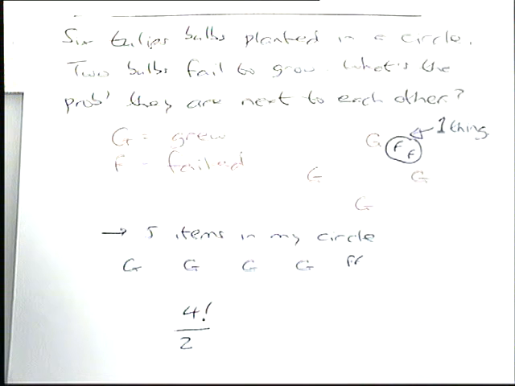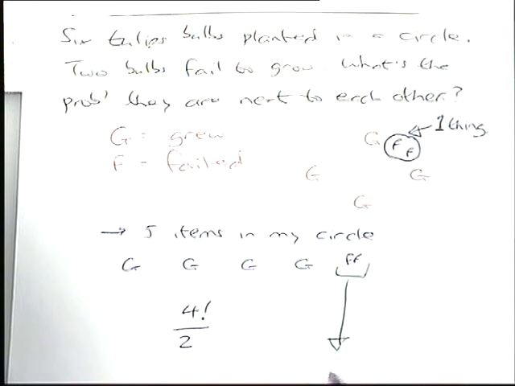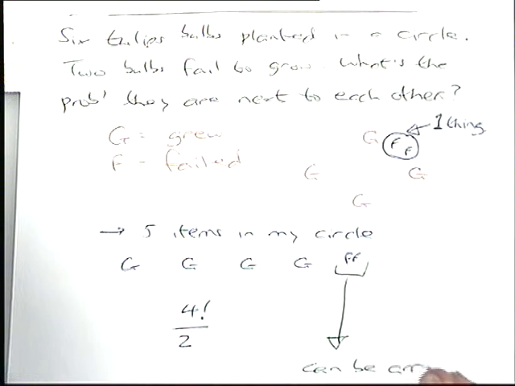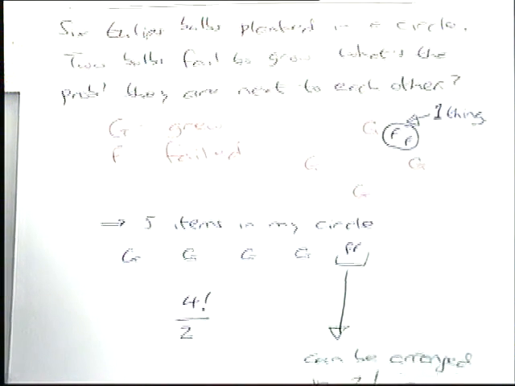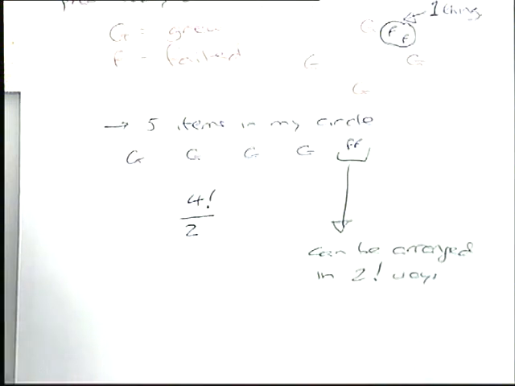But what we have not yet accounted for is these 2 here. They themselves, the 2 Fs, can be arranged in 2 factorial ways. So what we've got to do, like before, is times those things together.